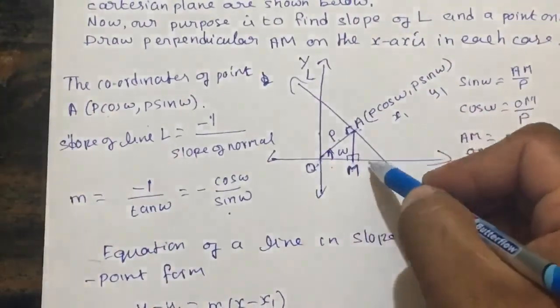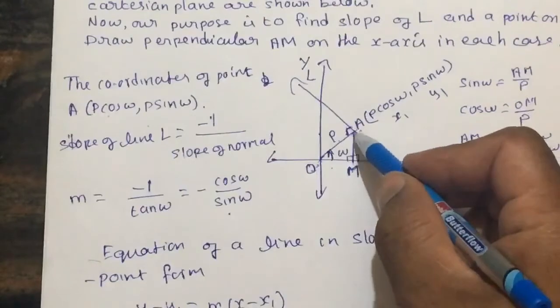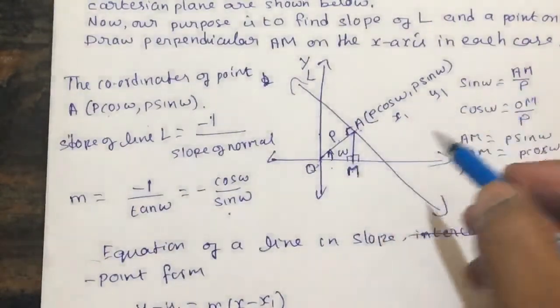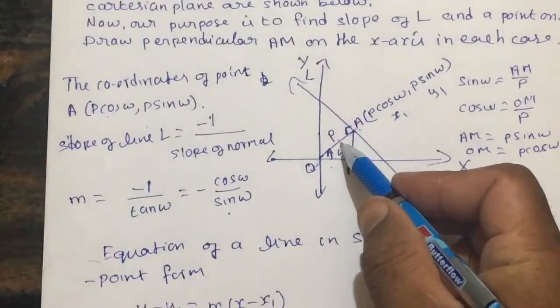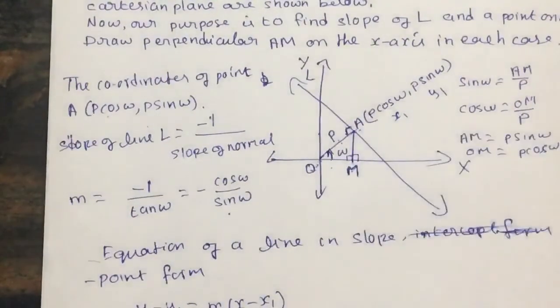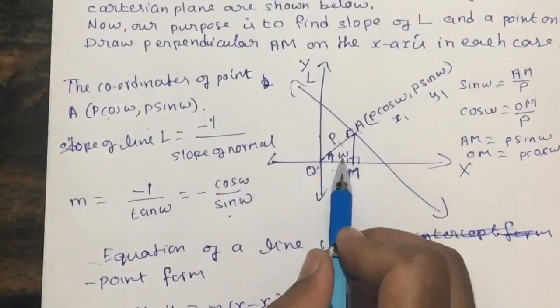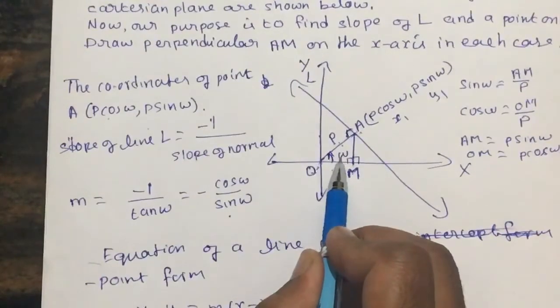Then draw a perpendicular from A to the x-axis, that is AM. Let omega be the angle the normal makes in the positive direction of x-axis.